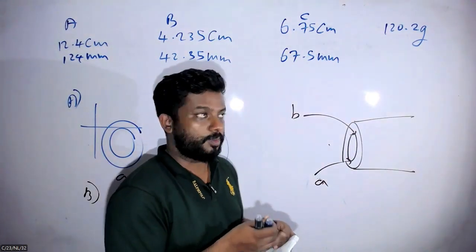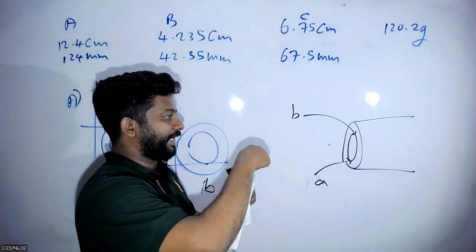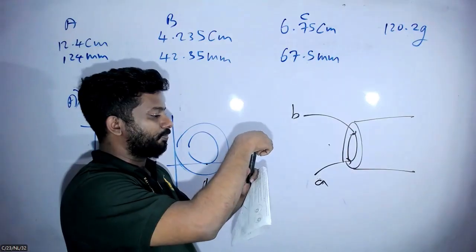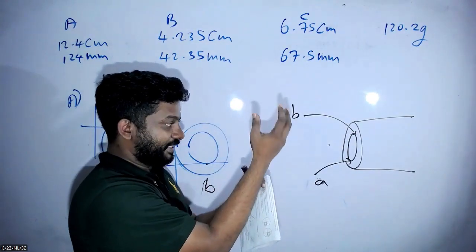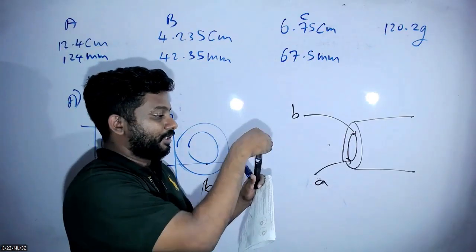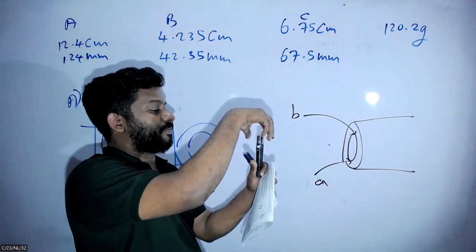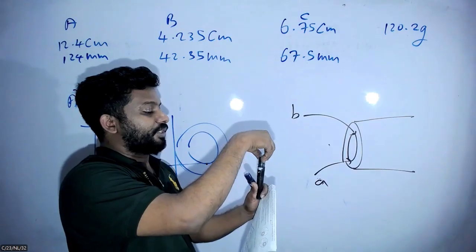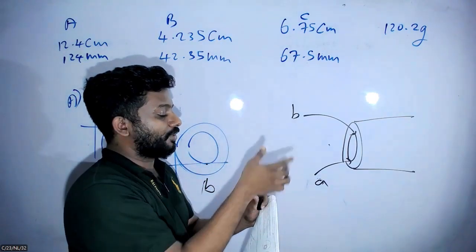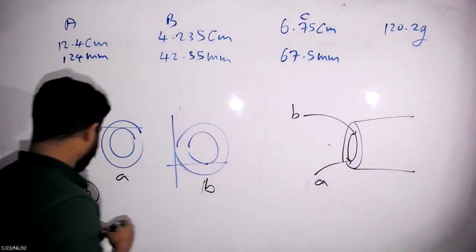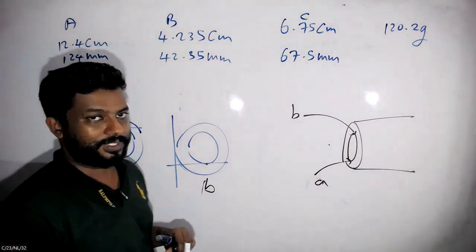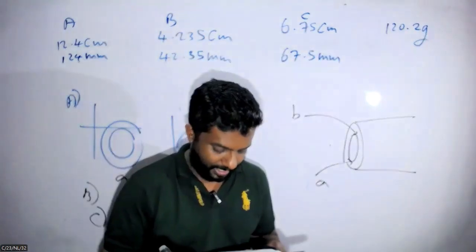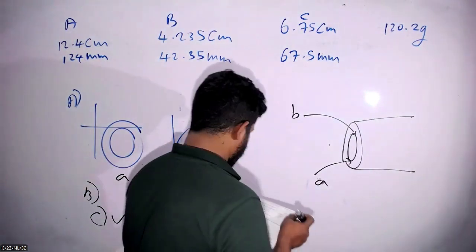To move the microscope upward, you need to rotate the vertical fine adjustment knob. You need to move the vertical fine adjustment screw upward, and to do that, you need to rotate it in the anticlockwise direction, right? Therefore, C statement is a correct statement. Therefore, all the statements are correct. Answer is the fifth one.